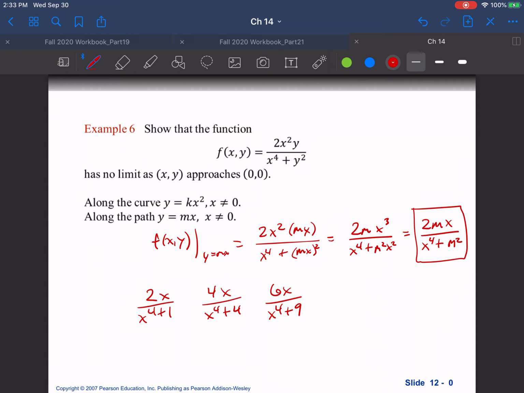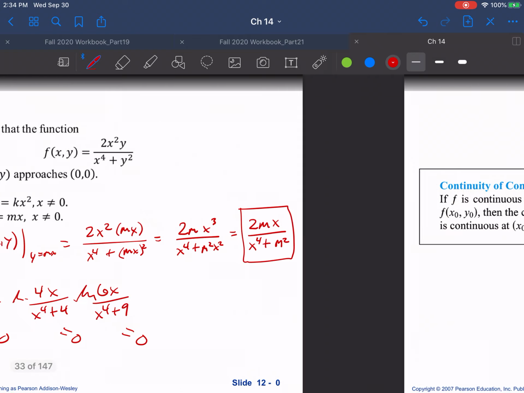If we start taking the limits of these, they're all going to give us 0, so you have to be careful with that. Straight lines approaching does not imply that the limit exists. You've got to look at more than that. You can't just say, oh, they're all 0, so therefore the limit exists. You're really looking to find a way to disprove that the limit exists, instead of trying to show that the limit does exist with this.